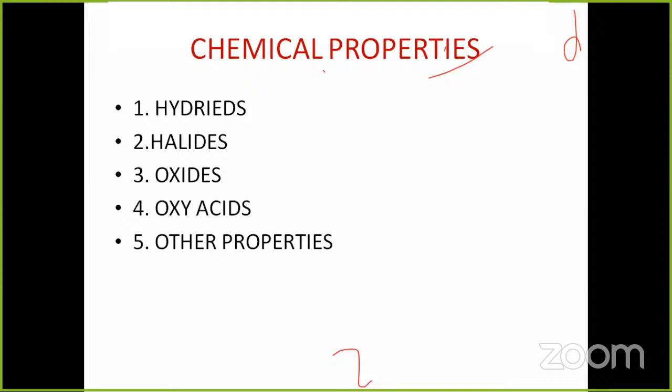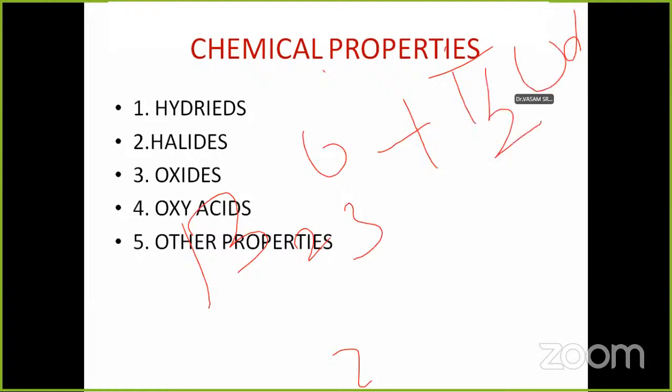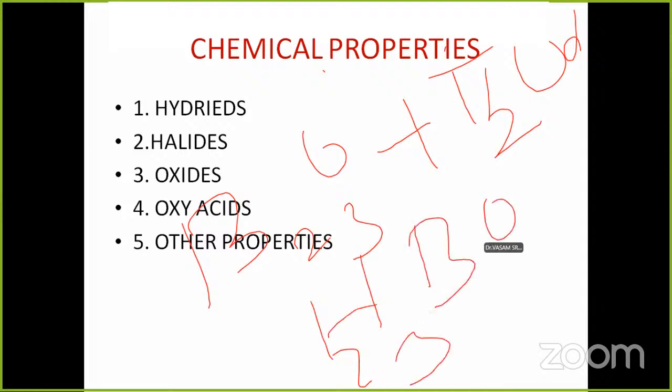The best example: take a 3rd group element, boron. The boron oxide is B2O3. The B2O3 when dissolved in water gives the famous compound H3BO3, boric acid.